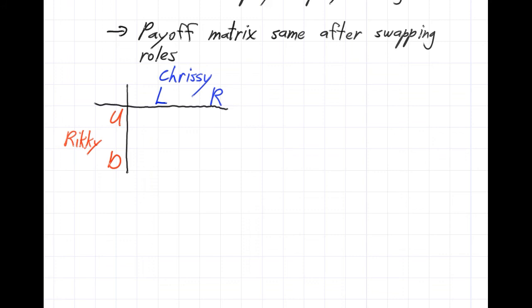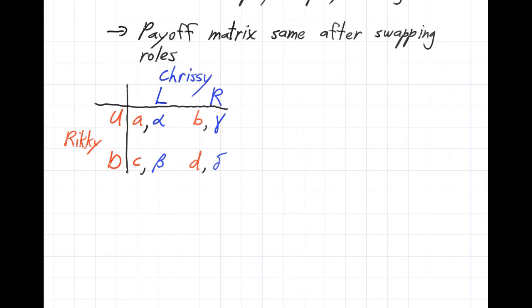For Ricky, we'll make them Roman letters: A, B, C, and D. And for Chrissy, let's say they're Greek letters: alpha, beta, gamma, and delta. You might notice I didn't put the beta next to the B and the gamma next to the C. It will become a little bit clearer why I did that later.